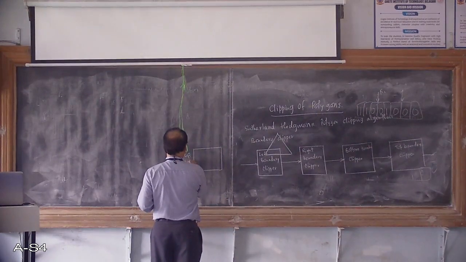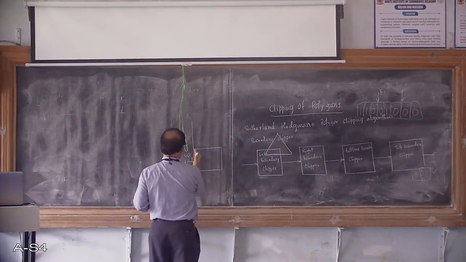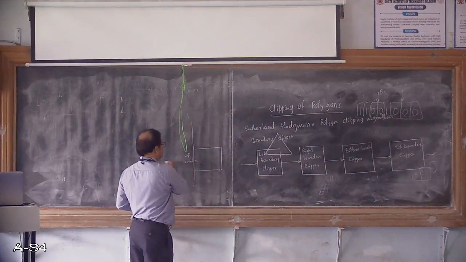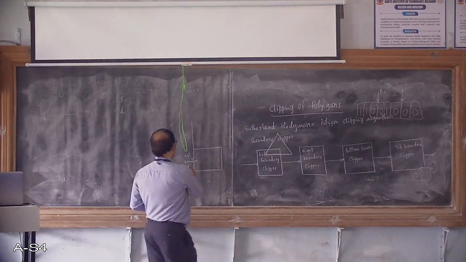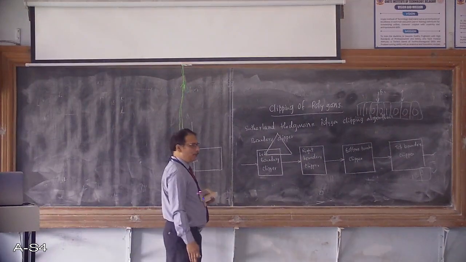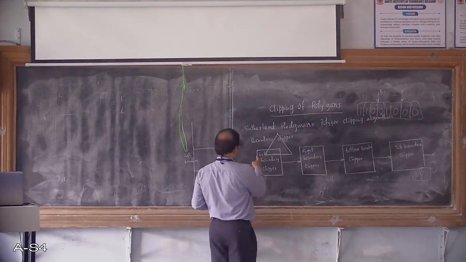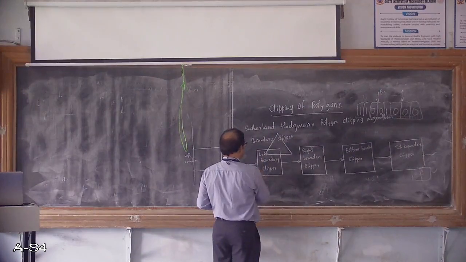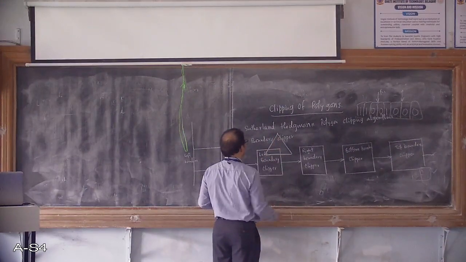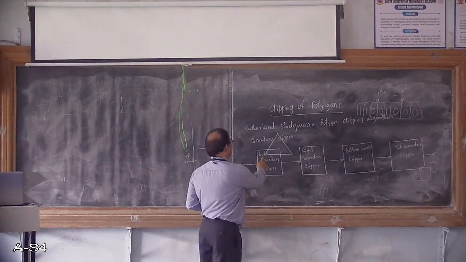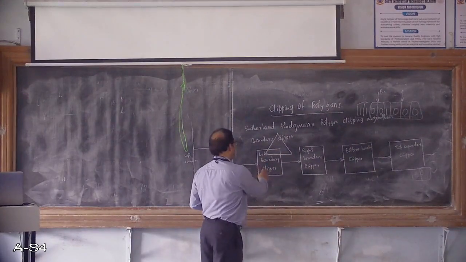This is the left boundary. Anything towards the left of this left boundary is going to be eliminated, and what is on the right hand side of this left boundary is going to be retained. In this given problem, the left boundary is not intersecting with any of the edges, and hence there is no change after applying the left boundary clipper.